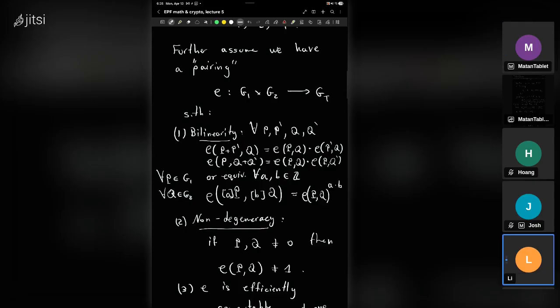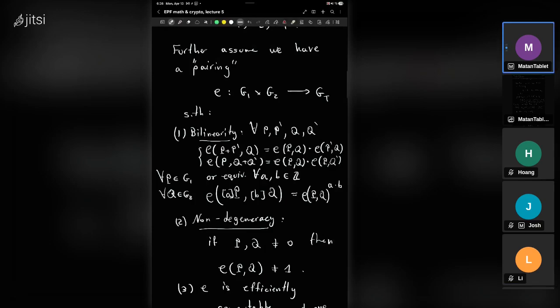Yeah, that's clear. And one more question, just in this zone, we have the feature like non-degeneracy, and I assume that's for the safety consideration. But can you give a counterexample? Say if there exists E applied to P and Q equals to 1, what will happen?